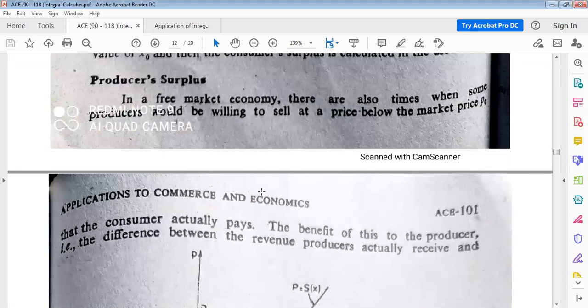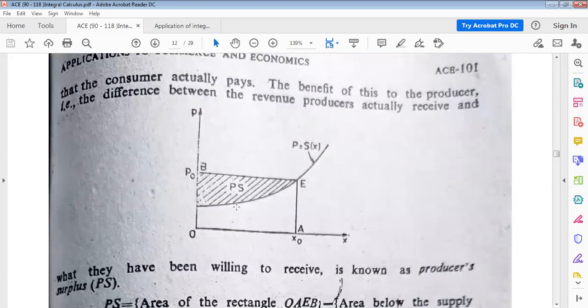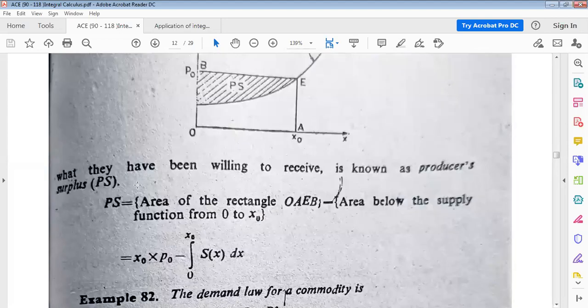By a similar process, we can define the producer surplus also. This is the supply function, p naught is the price, and x naught is along the x-axis, the number of units. PS is this shaded area, the producer surplus, and you can calculate it with the help of this area.